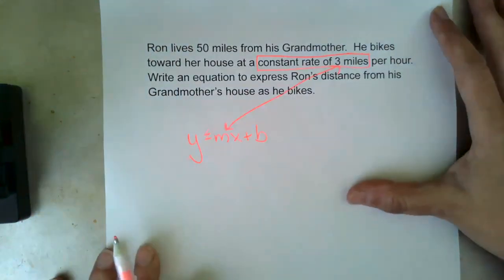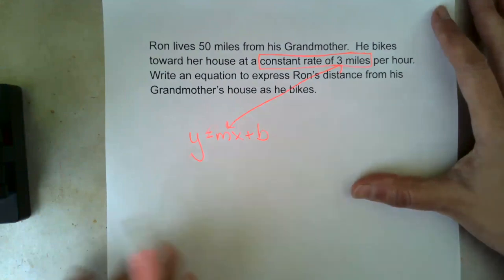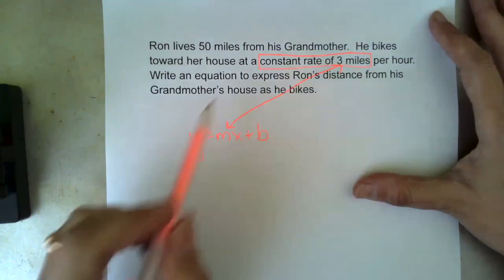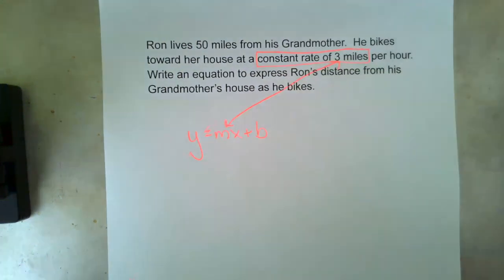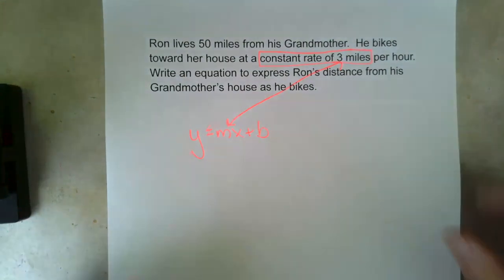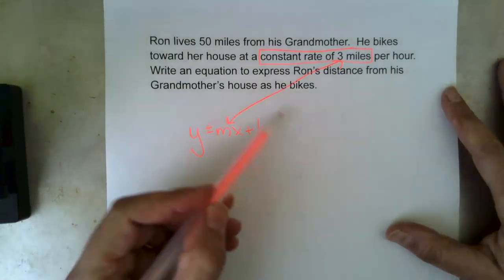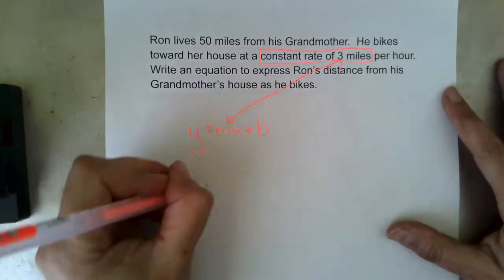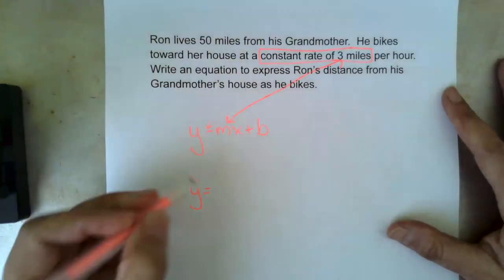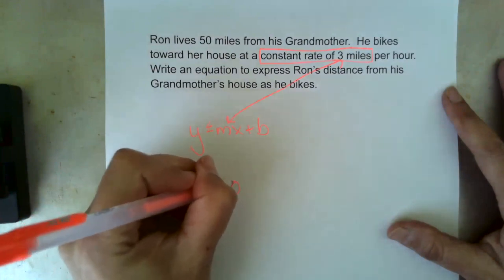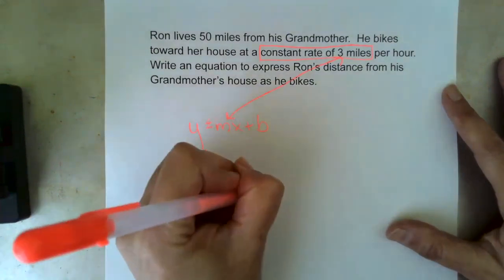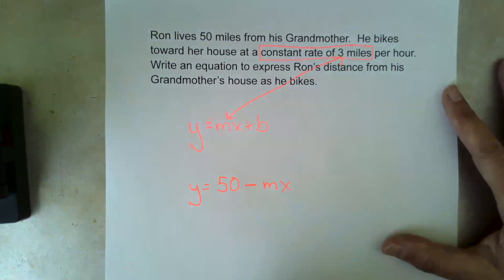wants to be 3, but we have something a little different going on. He lives 50 miles from his grandmother's house, and as he bikes, he is getting closer to his grandmother's house. He is decreasing the distance as he bikes. So that means these two terms, y equals, it's actually these 50 miles that he needs to cover minus the amount that he has traveled.